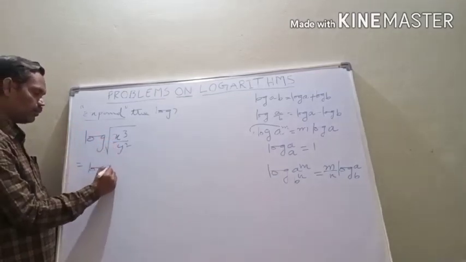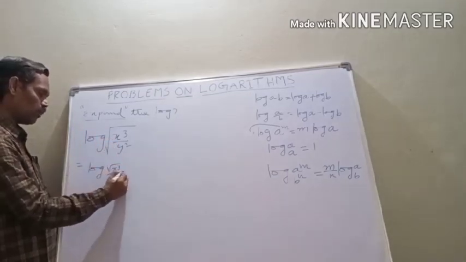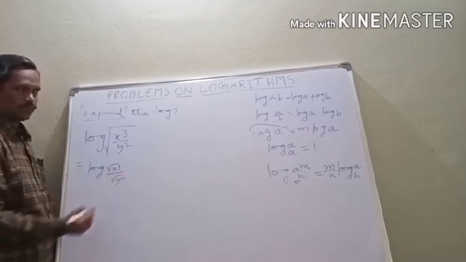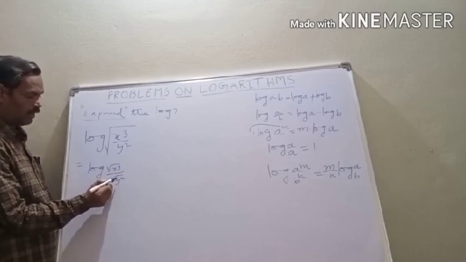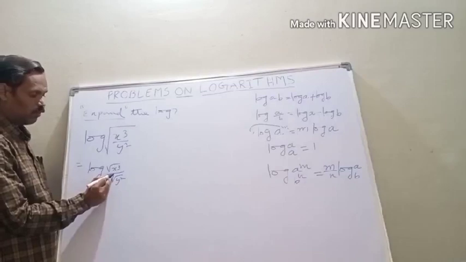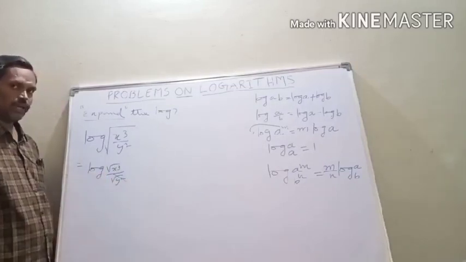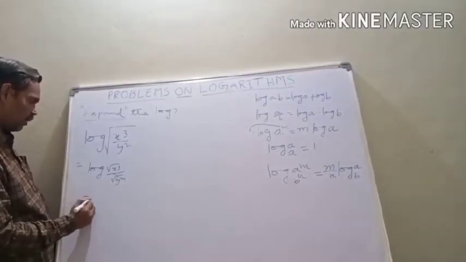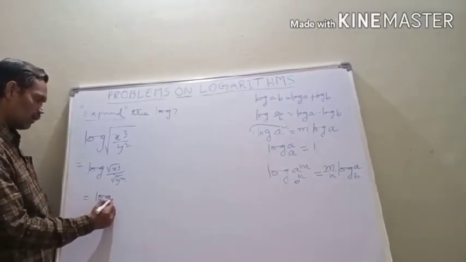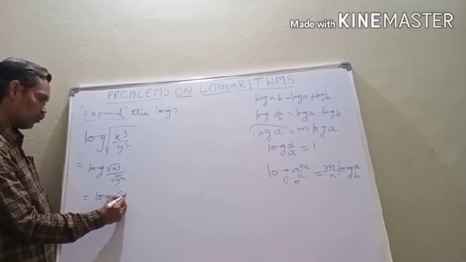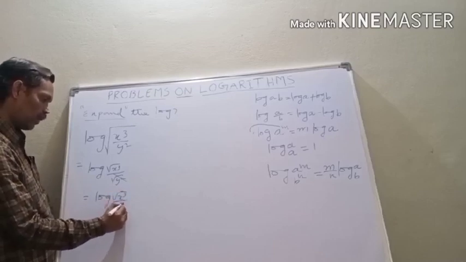It becomes root x cube by root y square. In the denominator, square root and square are reciprocal operations. Therefore, these two can be cancelled. Therefore, you have log root x cube by y.